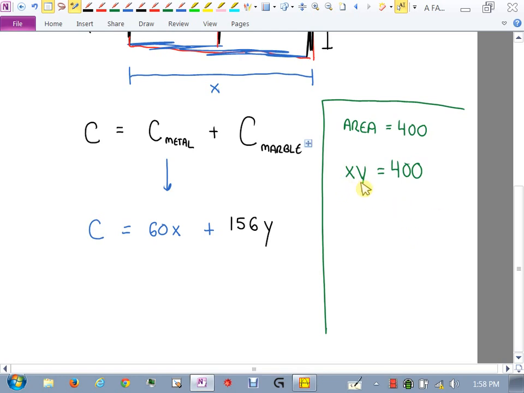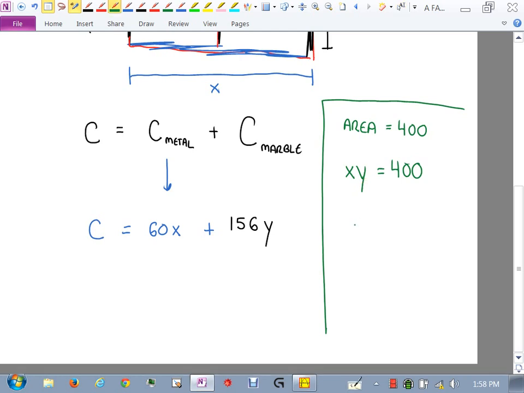It's up to you. X is 400 over y. That means I can come back to this equation right here, and I can replace x with what? 400 over y. So my cost now is 60 times 400 over y plus 156y.